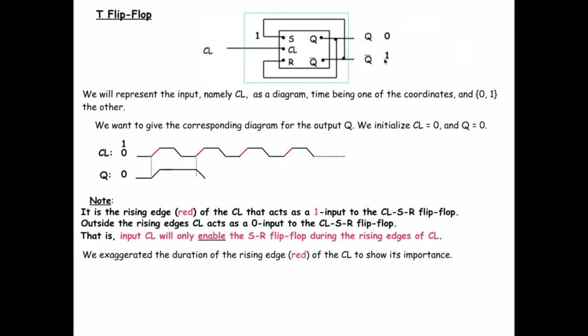Q prime became 1. Now S became 1, which means that, oh, it's going to go back to 1, well, but not yet, right? It will have to wait until the next clock cycle. So it will stay 0 until this next clock cycle. Now we already have 1 in the S, right?